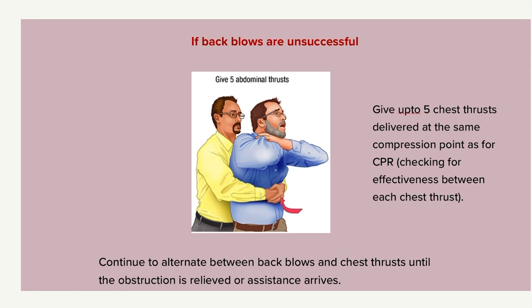If the back blows are unsuccessful, give up to 5 chest thrusts, which are delivered at the same compression point as for CPR, checking for effectiveness between each chest thrust. Continue to alternate between back blows and chest thrusts until the obstruction is relieved or assistance has arrived.